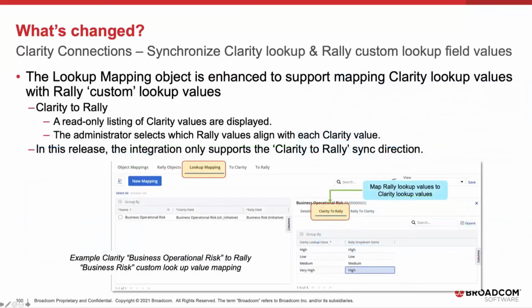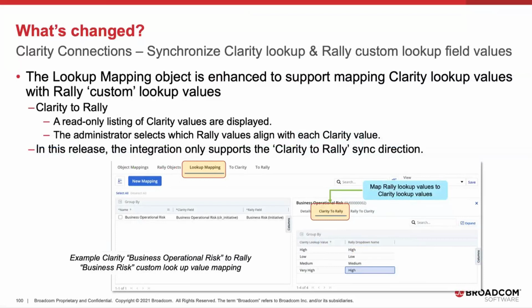The lookup mapping capability has been updated, allowing administrators to map Clarity lookup values to Rally custom lookup values. Consider the field mapping of Clarity's business operational risk and its lookup values to Rally's business risk and its lookup values.